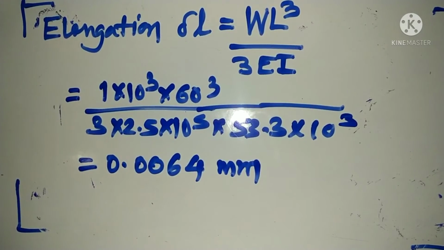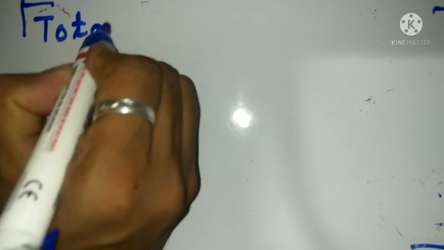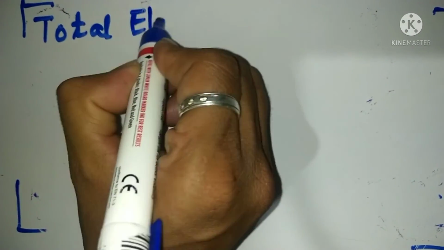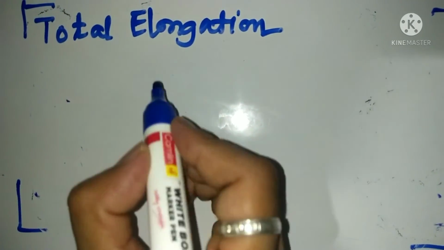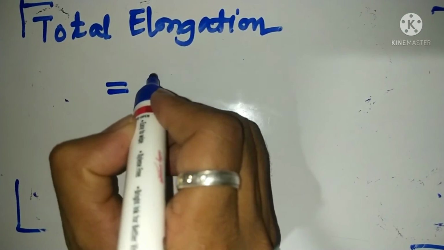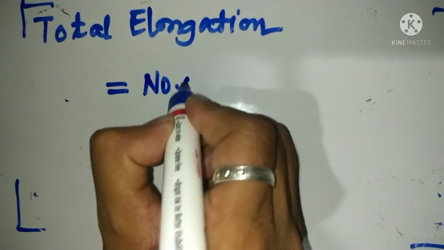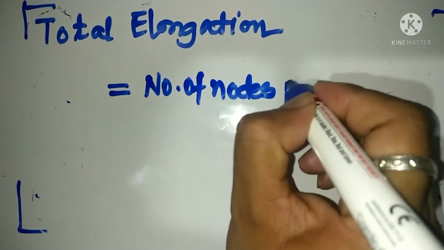So we have to find out total deflection. How do we find total deflection? From the software we will get the number of nodes on the surface. From the software we just have to multiply that with the elongation whatever we have got. So see the procedure carefully.